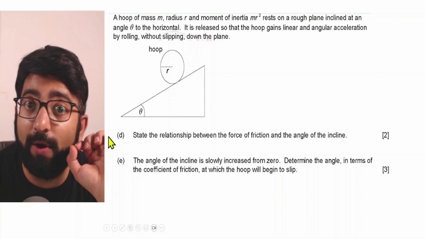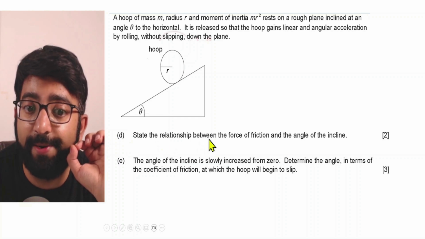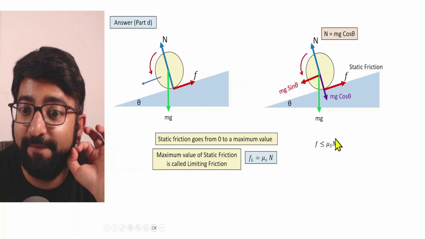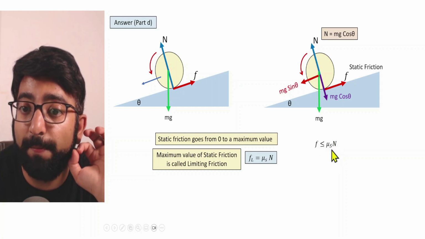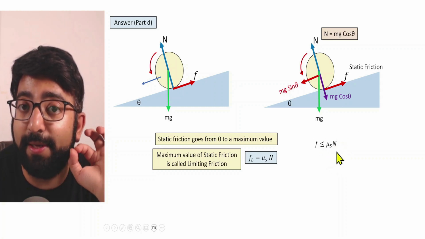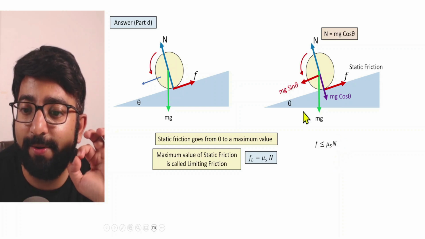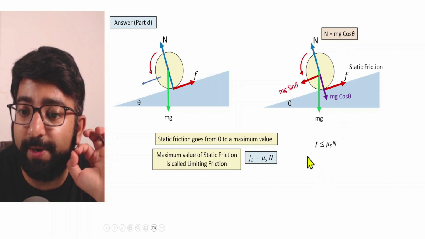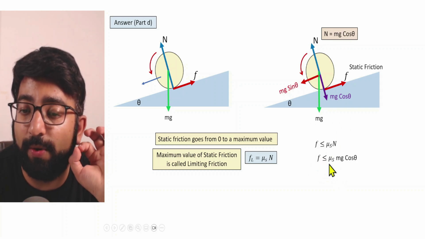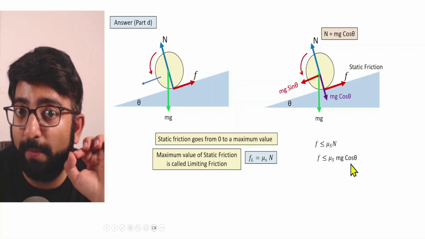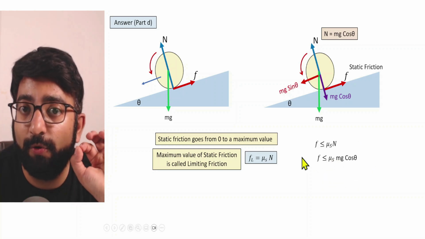To answer part D of the question, where we are supposed to find the relation between the force of friction and the angle of incline, we will write this. Friction is less than or equal to mu_s N, where mu_s N is the maximum value of the static friction which this incline can provide. And since N is mg cos theta, we will write F is less than or equal to mu_s mg cos theta. So if we write only this much for part D, we are going to get full marks.